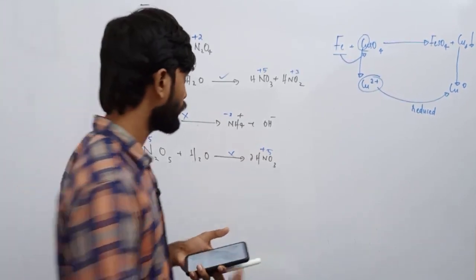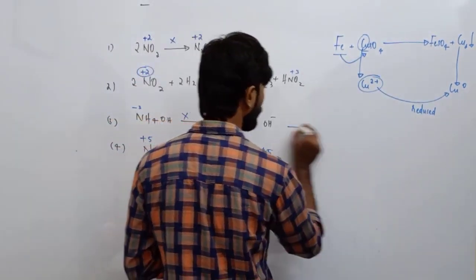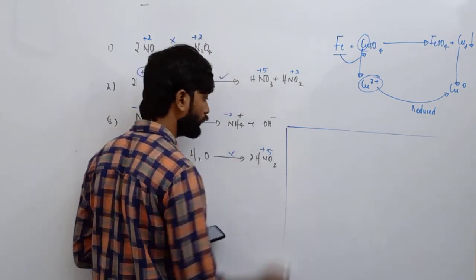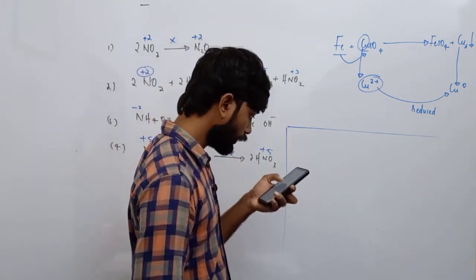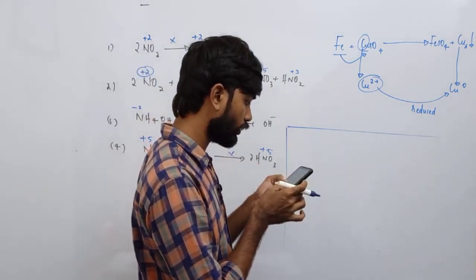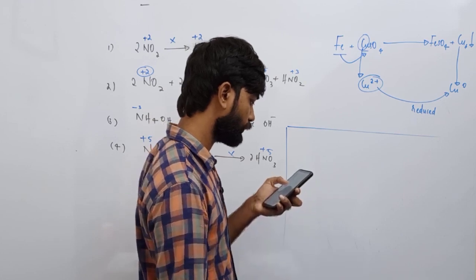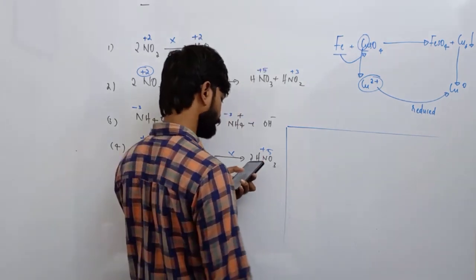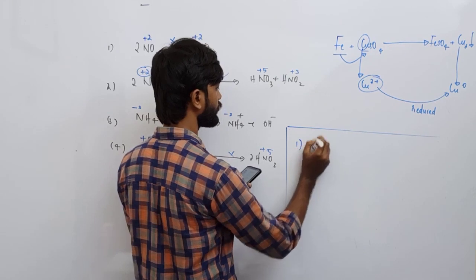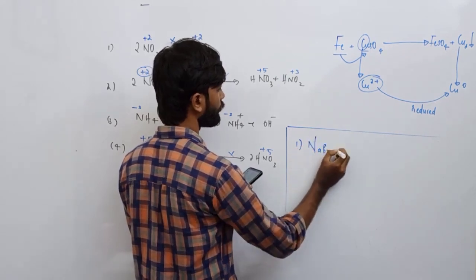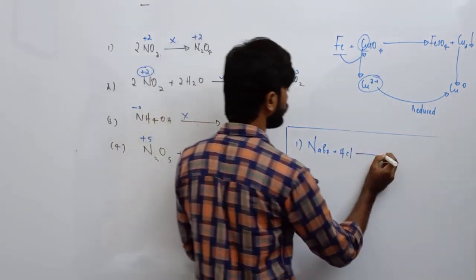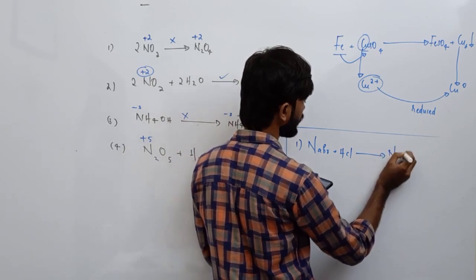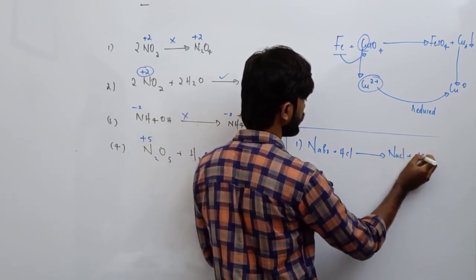Moving to the next question: which of the following reactions involves oxidation and reduction? The first reaction is NaBr plus HCl forms NaCl plus HBr.